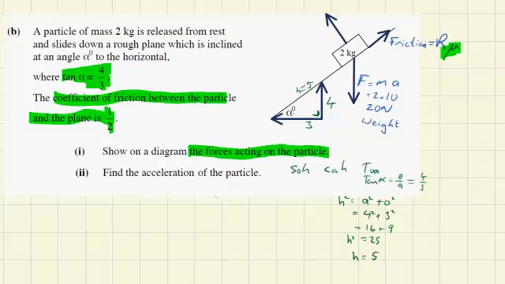So now we know that the cos of alpha is equal to the adjacent over hypotenuse, which is equal to 3 over 5. And the sine of alpha is opposite over hypotenuse, which is 4 over 5.